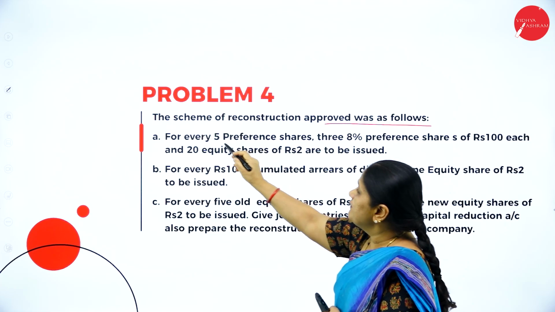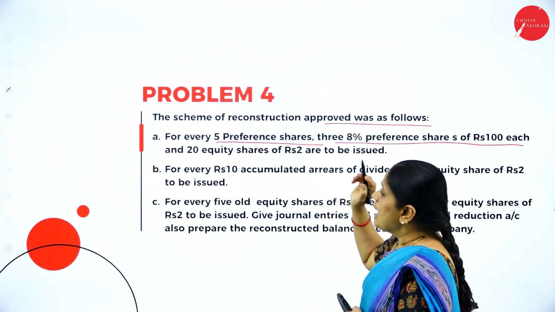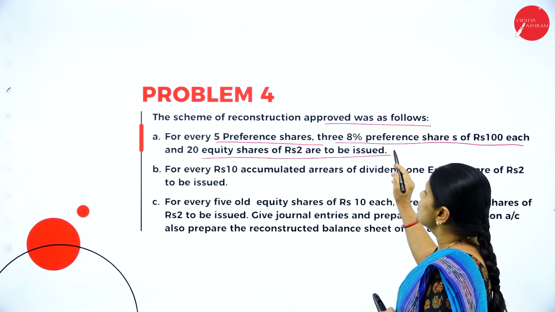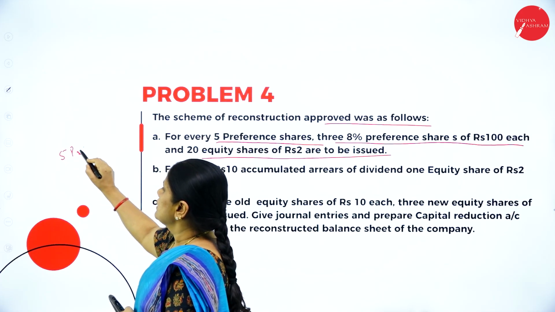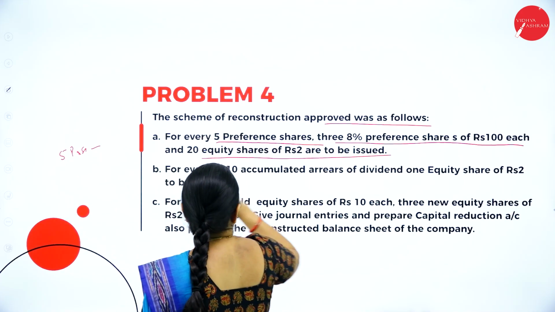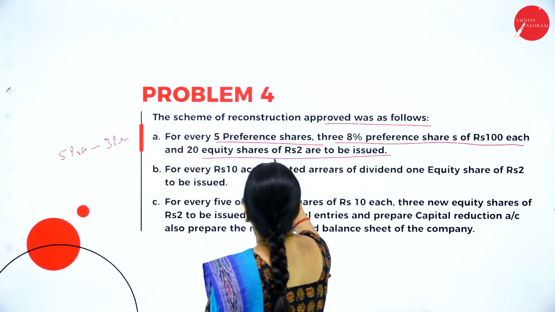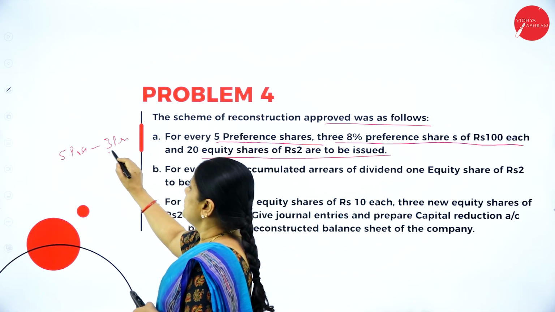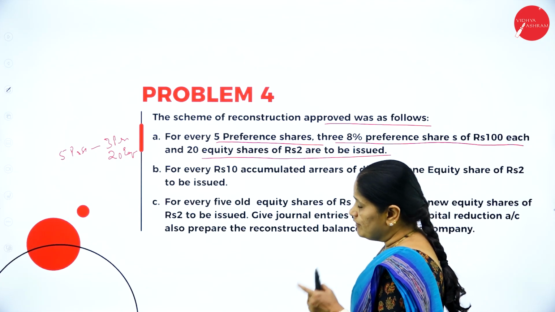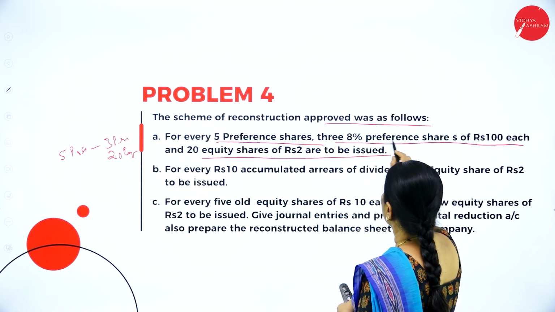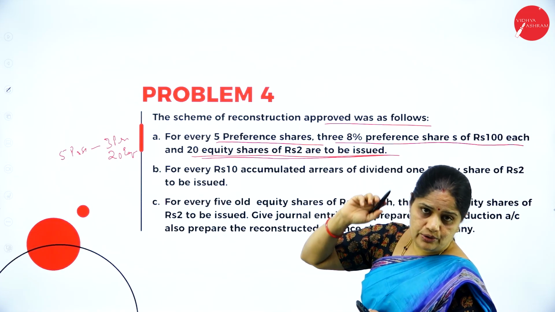What they are telling is for every 5 preference shares, 3 8% preference shares of rupees 100 each and 20 equity shares of rupees 2 each are to be issued. So for 5 preference shares, they are issuing 3 preference shares and 20 equity shares. So this we should make a note of.